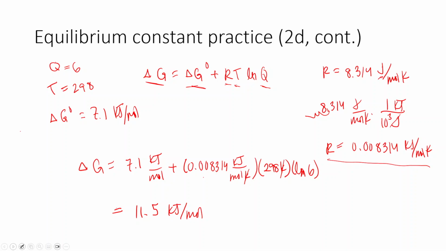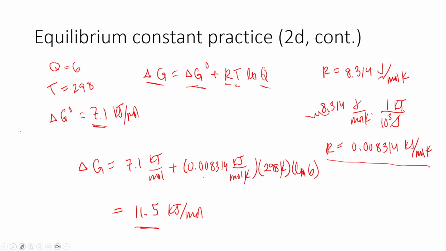Okay, so what happened here? We started out with our standard conditions. Our delta G was 7.1. Is that spontaneous or not spontaneous? Not spontaneous. And then we changed around our conditions a little bit by changing our concentrations of our reactants and products. Now we have a delta G. Is that more positive or less positive? Yeah, it's more positive, so it became less spontaneous.